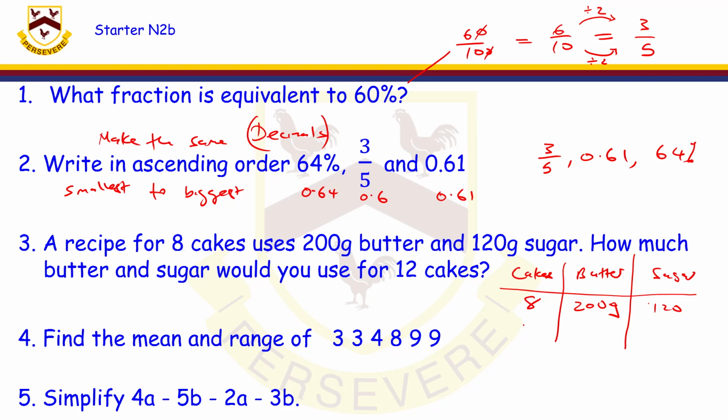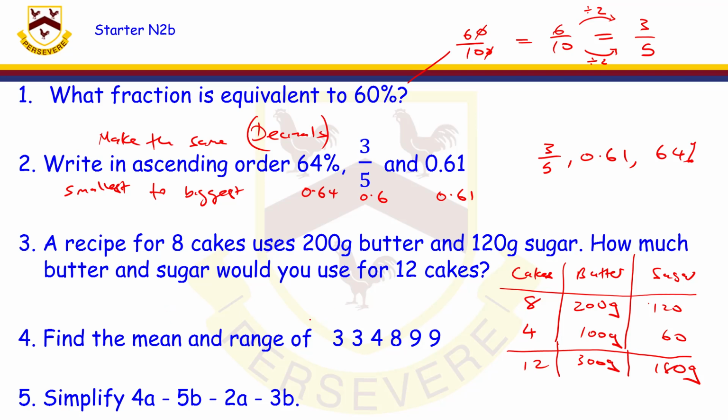Now 8 plus 4 gives me 12, so I'm going to put 4 here. 4 is half of 8, half of 200 is 100, and half of 120 is 60. If I add those together, that'll give me 12 cakes, 300 grams, and 180 grams. So same results as if we multiplied by 1.5. Either way, works out well.